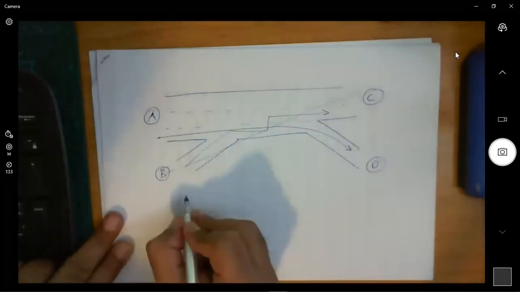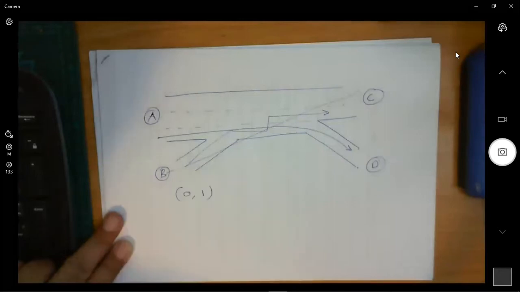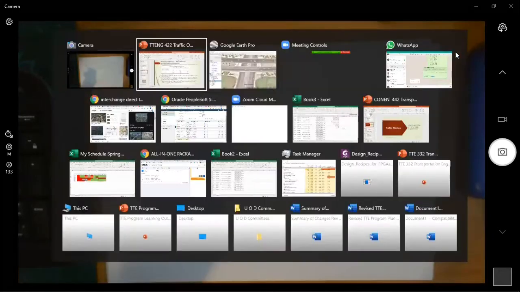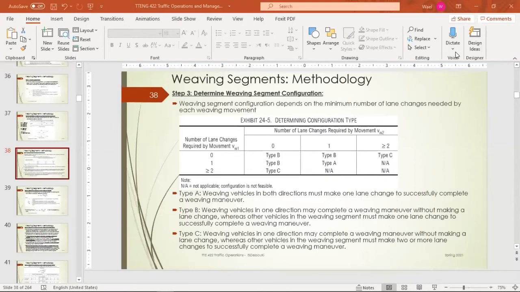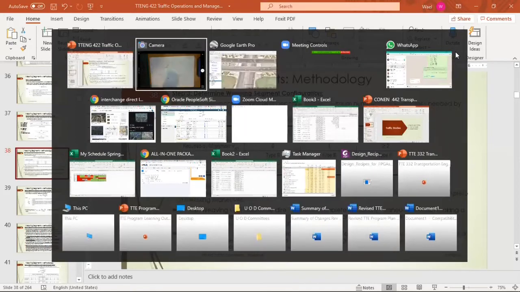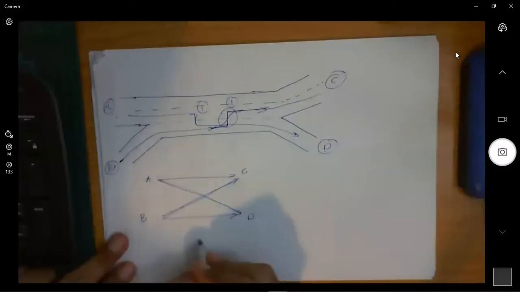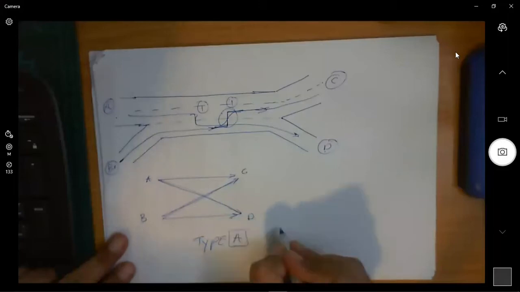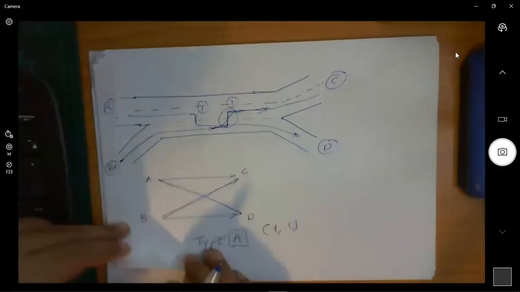So we have 0, 1. So this case will be classified as type B. The case before was type A, because we had one lane shift for each direction.